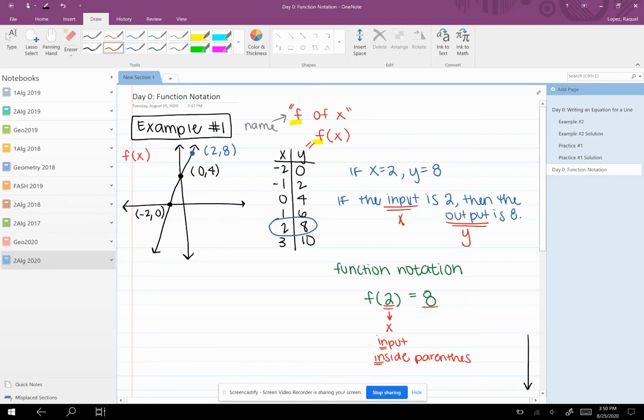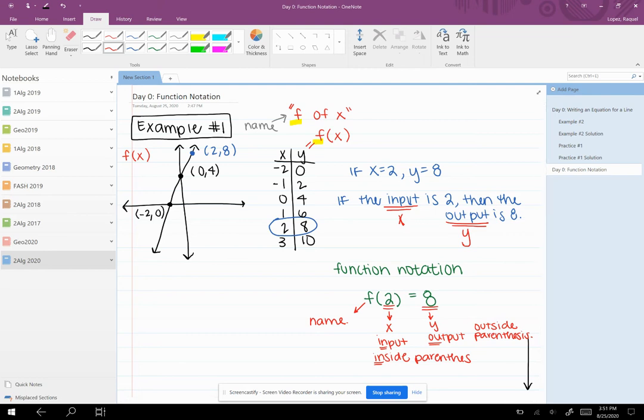This 8 out here is your y value, aka your output, and because it's your output, it goes outside your parentheses. Again, the f in front of it is just the name of our function. We can use any letter that we want, but I just decided to call this one f of x.